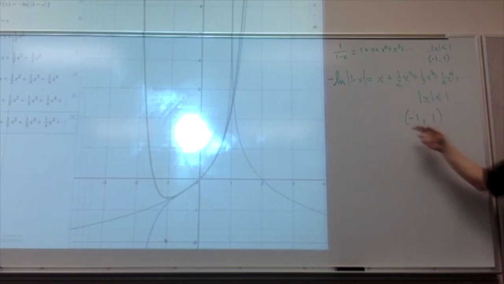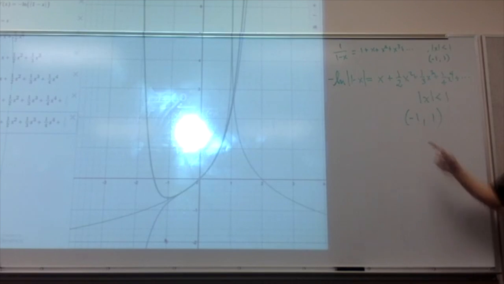And this is also the interval of convergence here, but something interesting happens. Notice the endpoints. If I plug in 1, does it converge? No, that's a harmonic series.